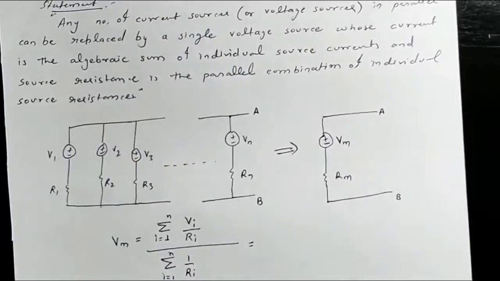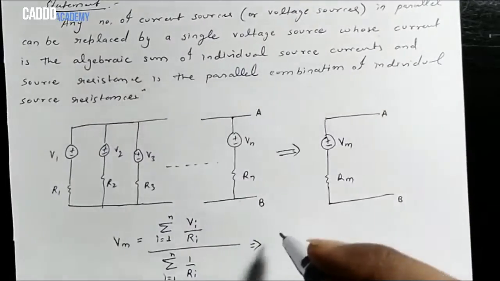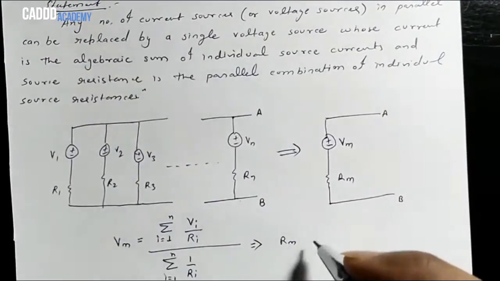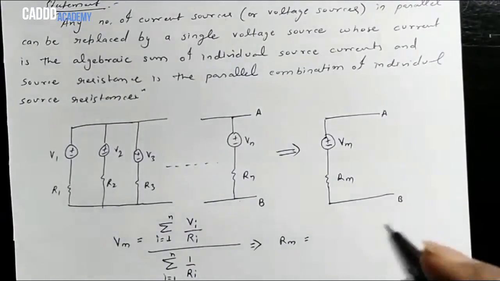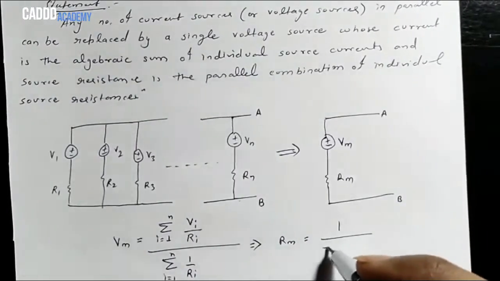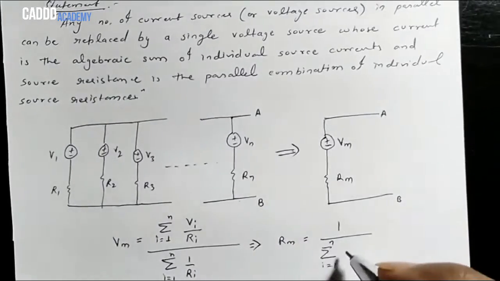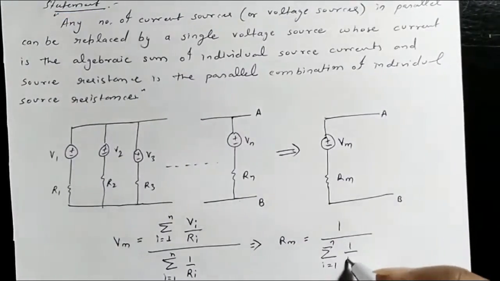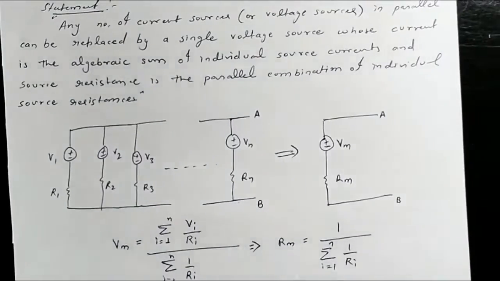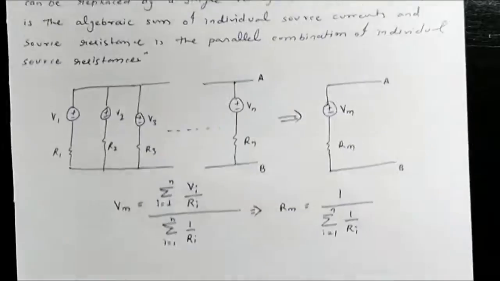So this is the value of Vm, and the value of Rm is the reciprocal of the sum of all the resistances' reciprocals. So these two are the formulas for Vm and Rm.